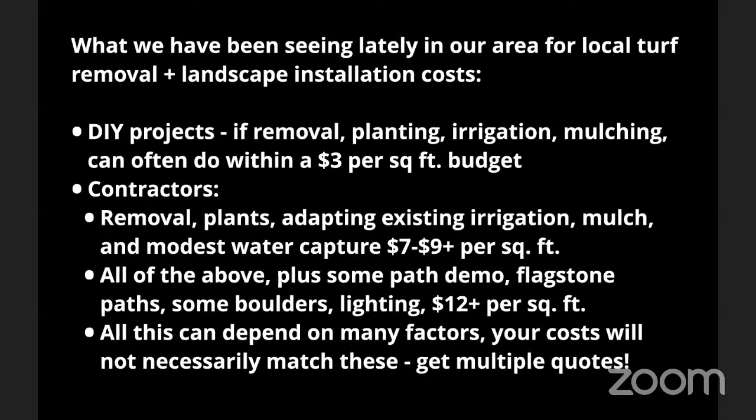We're seeing $7 to $9 plus a square foot, maybe $9 being pretty average per square foot. So that's maybe the rebate covering about a third of the cost. Definitely a range. Occasionally you find cheaper, but I wouldn't say assume that you're going to find cheaper.